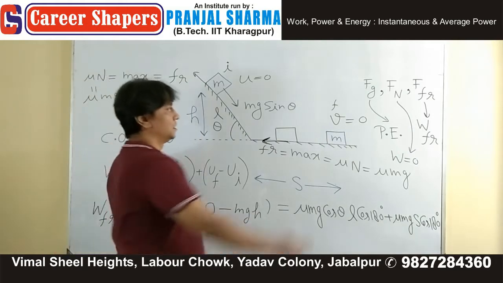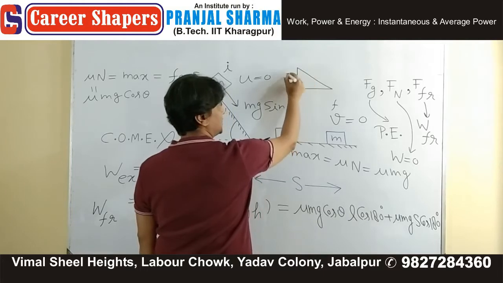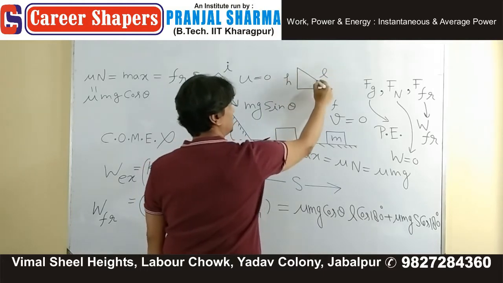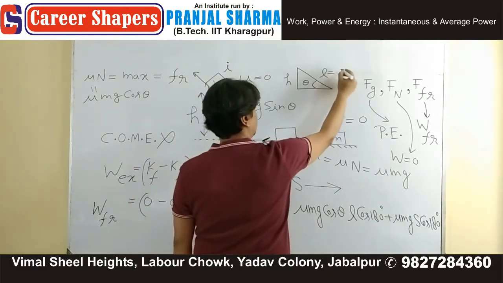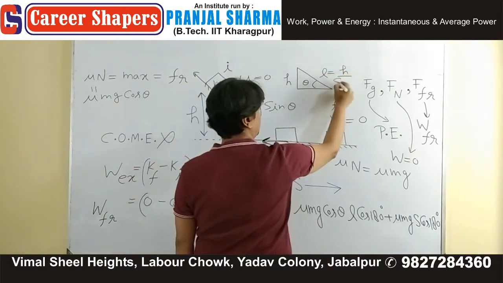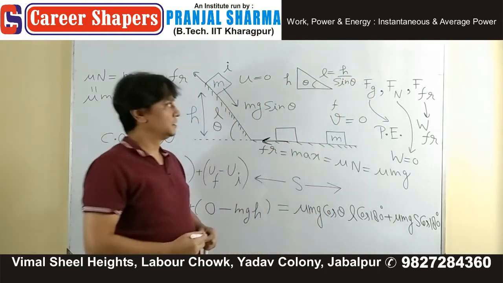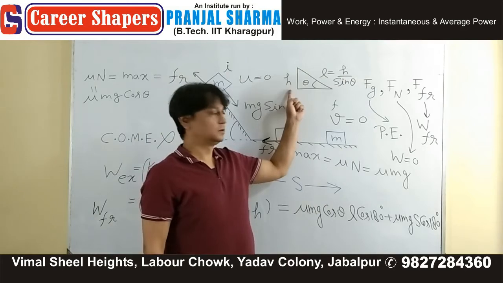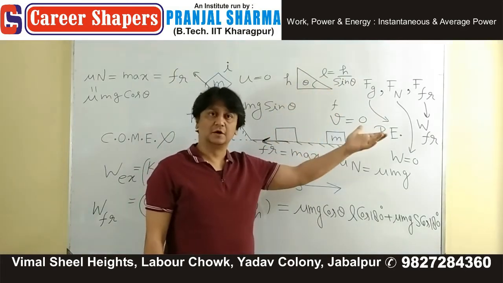What is L? You have a right angle triangle. This is H, this is L, this is theta. Calculate कर लेना. This is coming H upon sin theta. This is H. This is L. What is H upon L? Sin theta. What is L?